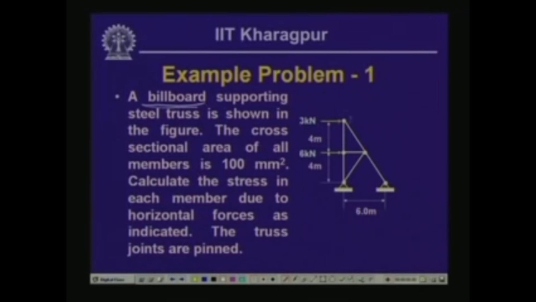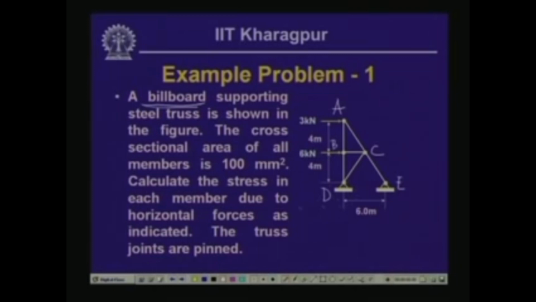There are two trusses, and let us call this point A, this point B, this C, this D, and this E. Now, we are interested to know the stress in each member when this board is subjected to a load on its area, and the load has been converted here. The forces are acting as 3 kilonewton here and 6 kilonewton here.